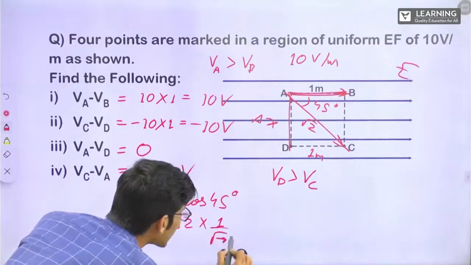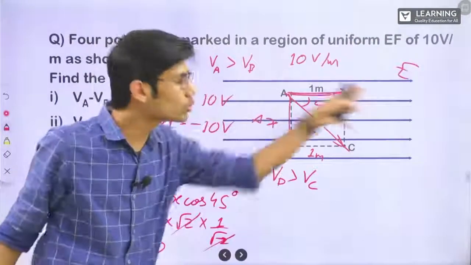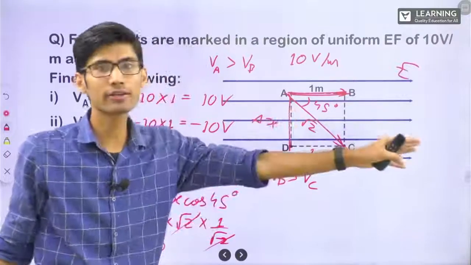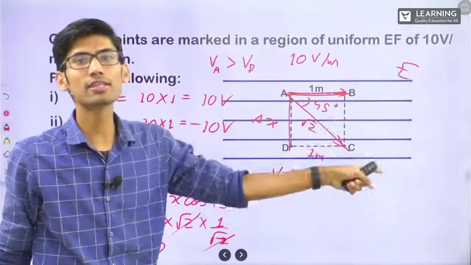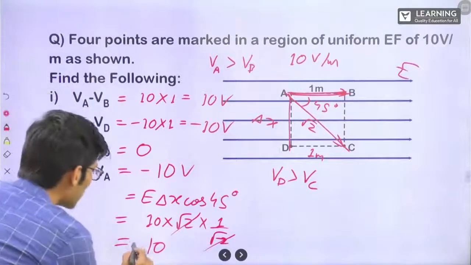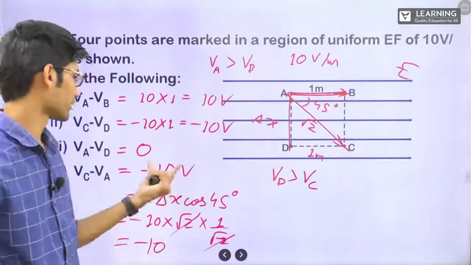Root 2 got cancelled. We are left with 10. Plus or minus, on moving towards the electric field, this C is this side of A. On moving towards the electric field, potential decreases. VC is less than VA. If VC is less and it is kept first, it will be minus. Clear? Minus 10. That's what I wrote.